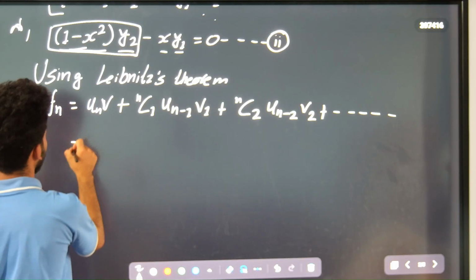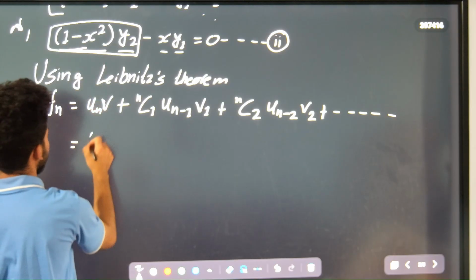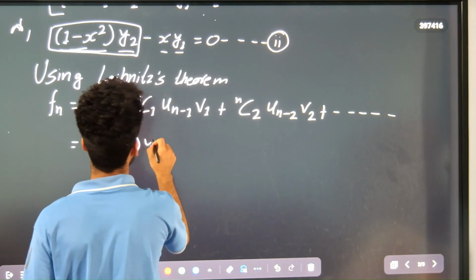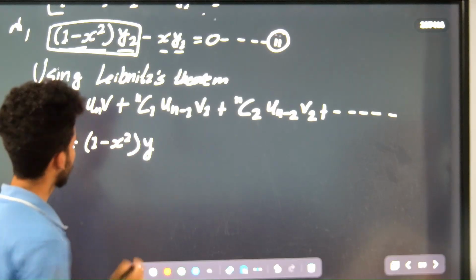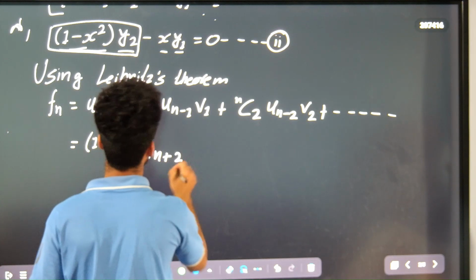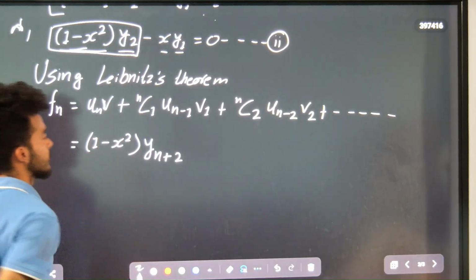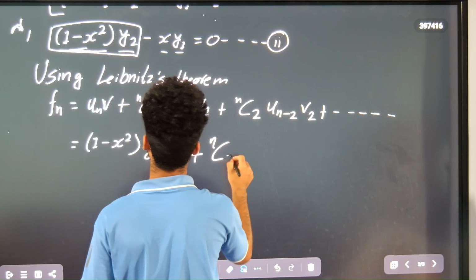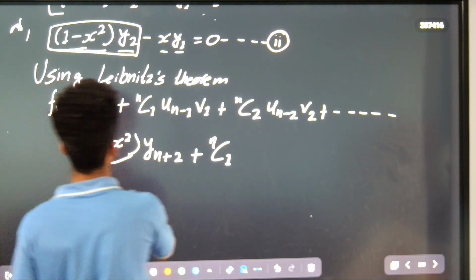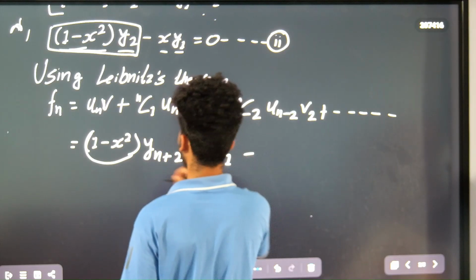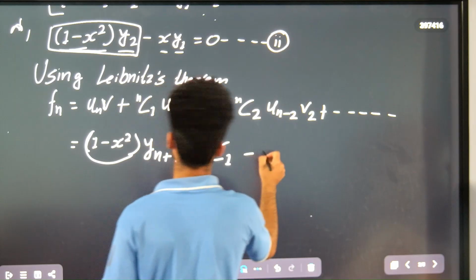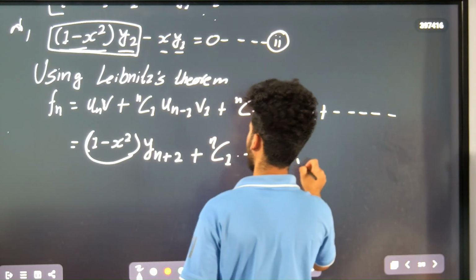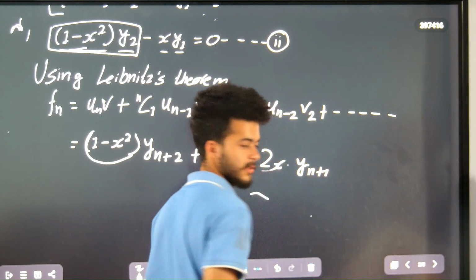So let's solve. The term un remains constant, so 1 minus x square. V also remains, but we add n plus 2 because there is the second derivative, so that's why we add 2, plus nC1. The derivative of this term 1 minus x square is minus 2x, and yn plus 1 because there is a single derivative.